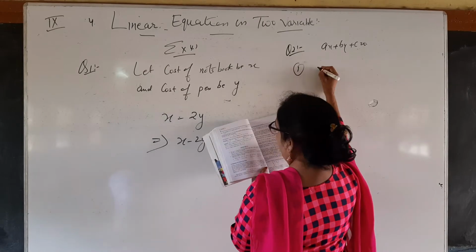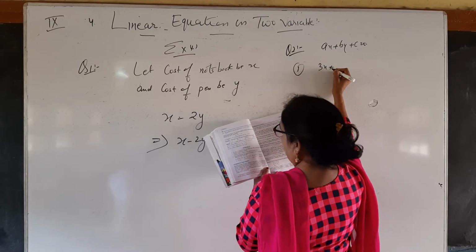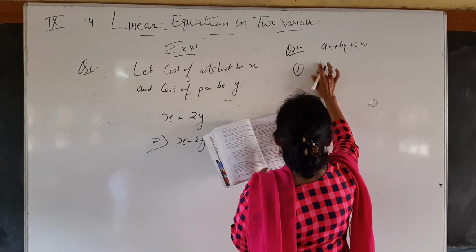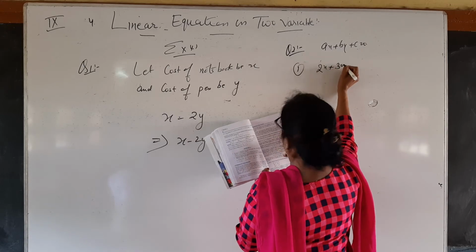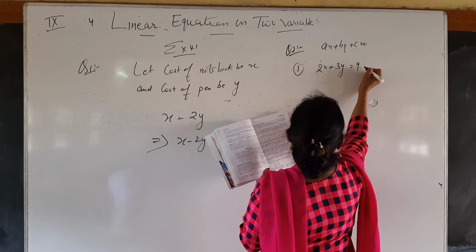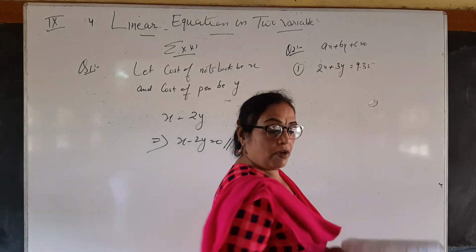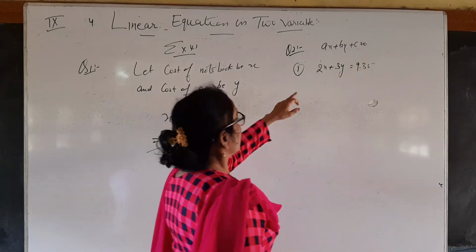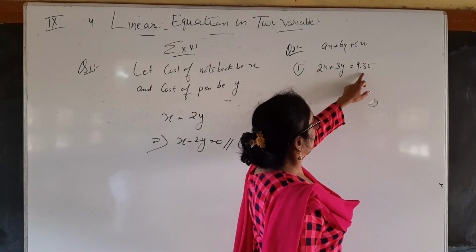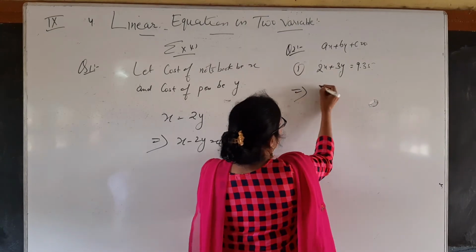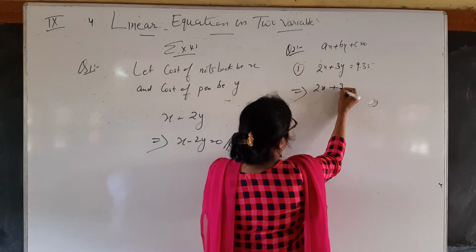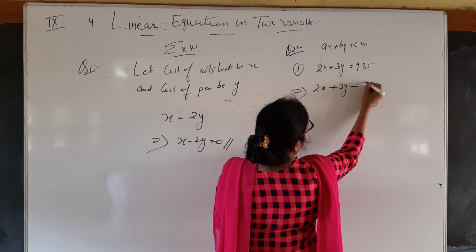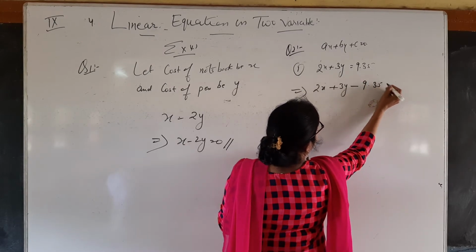It is given here 2x plus 3y equal to 9.35. We can write it like this: 2x plus 3y, bringing this here, so it will be minus 9.35 equal to 0.